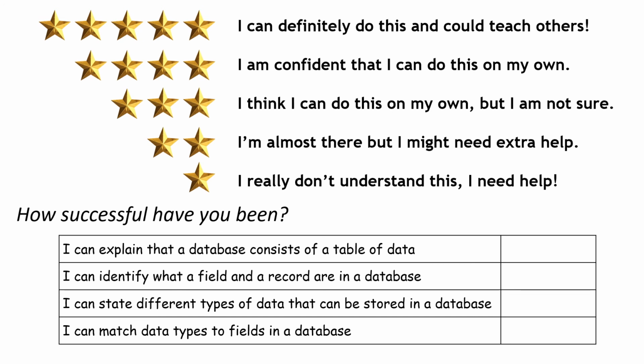So could you tell me the 5 types of data that we use in our databases? And finally, can you match data types to fields in a database? Okay, so give yourself a rating from 1 to 5, just so I know how you've got on with this lesson. And if you've completed that, then just submit the completed task sheet to Satchel 1.